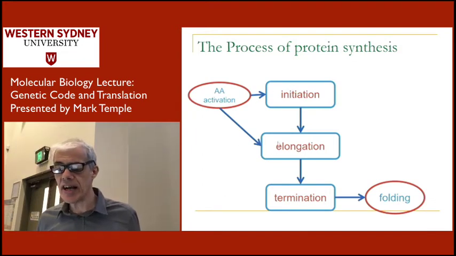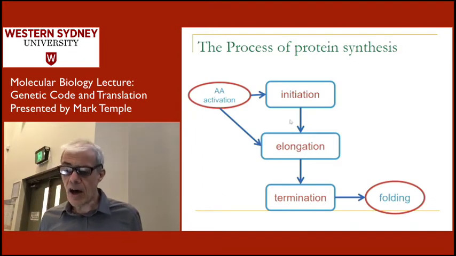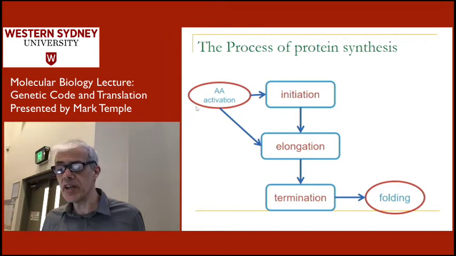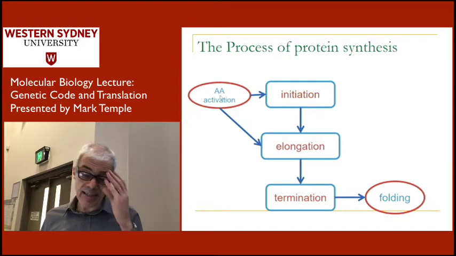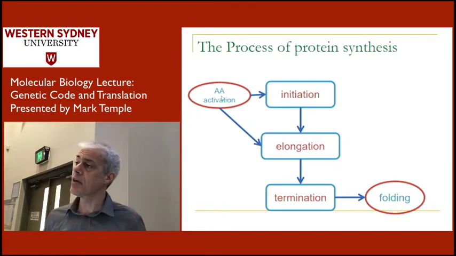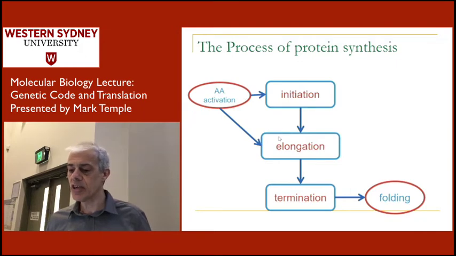During the initiation and elongation phase, other stuff has to happen in the cytosol. We need to get the amino acids and effectively attach them to transfer RNAs. So that also has to happen as part of the initiation and elongation. We have to have the amino acids become activated and attached, get the transfer RNA charged.